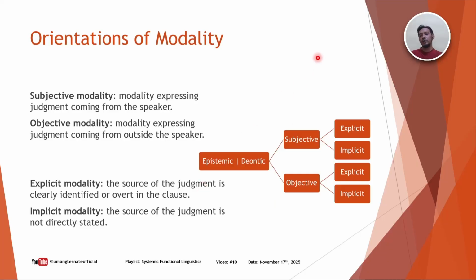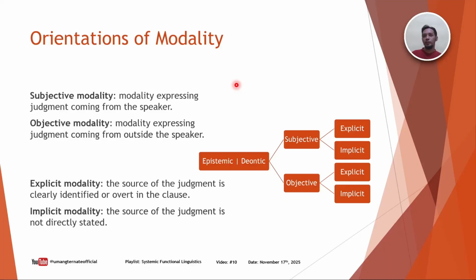Now the orientations of modality. Modality can be subjective. Okay, so if the modality expresses the judgment coming from the speaker, then it is a subjective modality, like I think and I believe and so on and so forth.